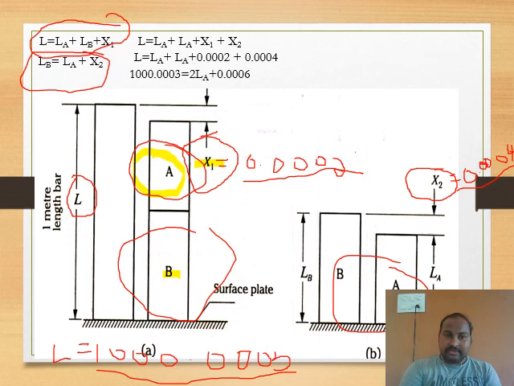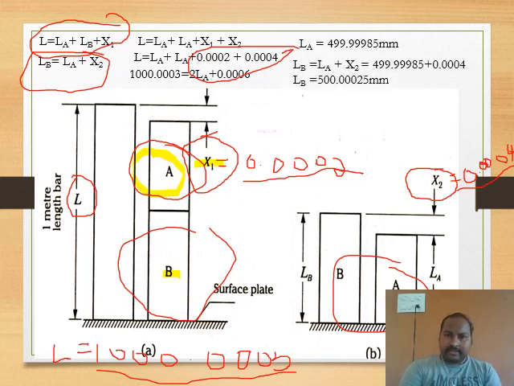On simplification, 1000.0003 is equal to 2 LA plus 0.0006. After substitution and simplification, when we calculate LA, it is equal to 499.99985.